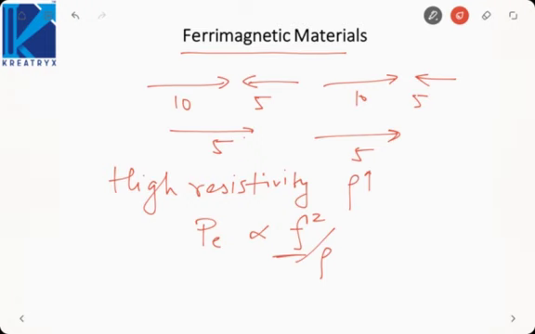How to reduce them is by using materials which have higher resistivity, that is, ferrimagnetic materials, which are called ferrites. So in low frequency transformers, ferromagnetic materials are used, and in high frequency transformers we use the ferrites or ferrimagnetic material to reduce the eddy current losses in the transformer core.